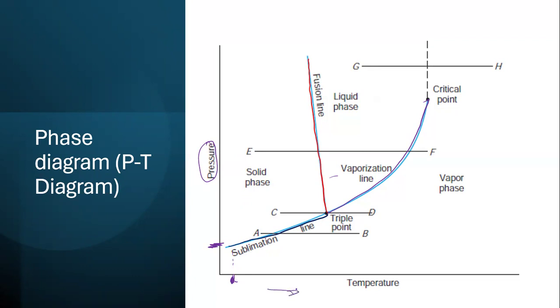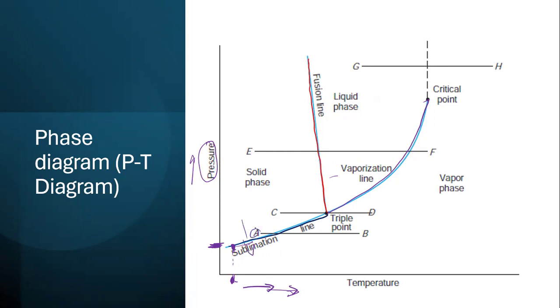Remember, temperature increases as you move in this direction, and the same applies to pressure as you move in this direction. At this point the pressure is very low and the temperature is very low. So when you want to increase the temperature, what is going to happen? The pressure will also increase slightly, but under very low pressures, and therefore we're going to have sublimation.